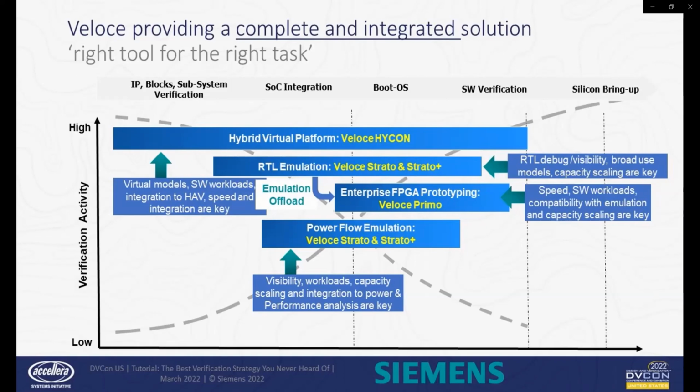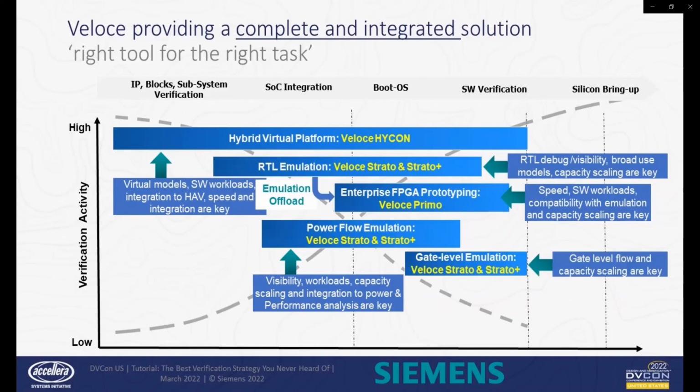You need speed, you need software workload compatibility with the emulator, and you need capacity scaling because you can handle a full chip.